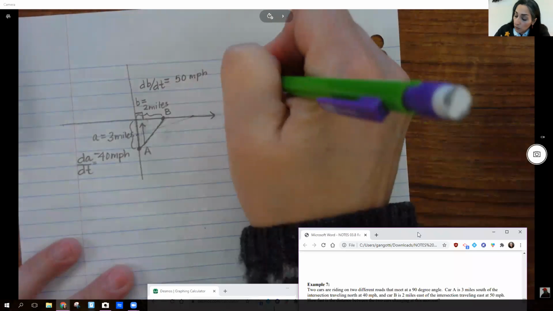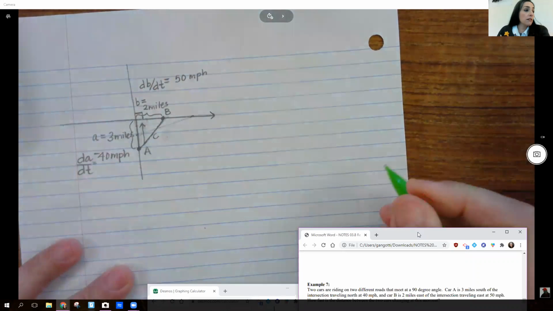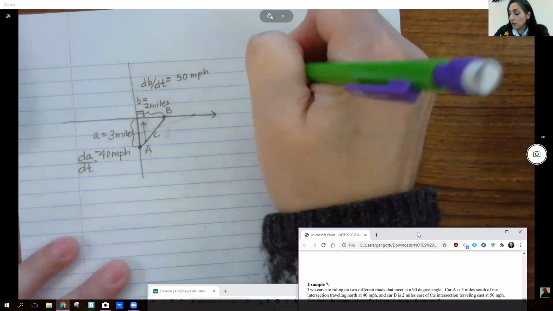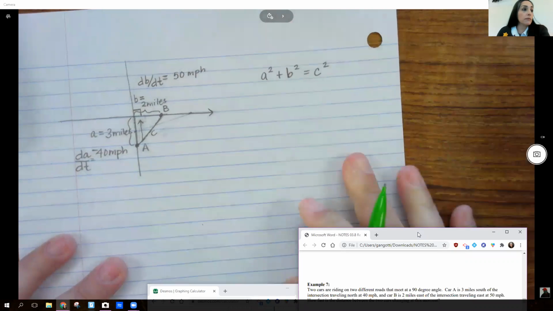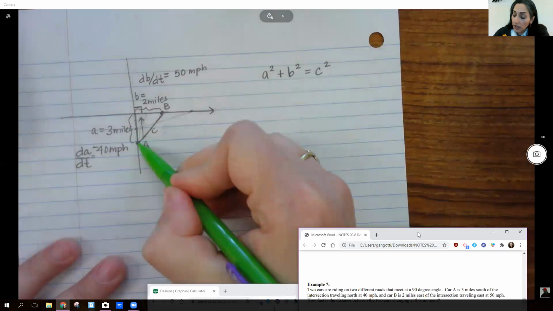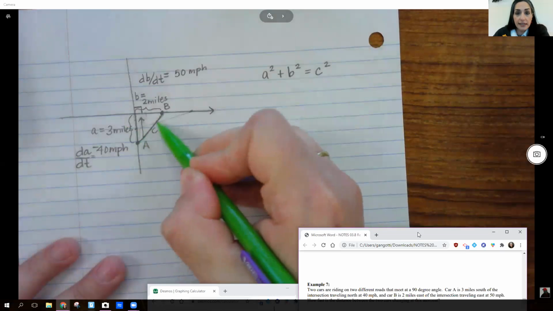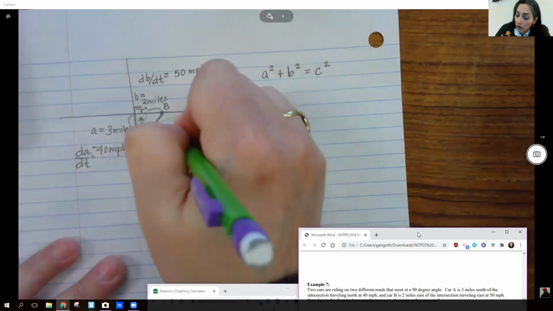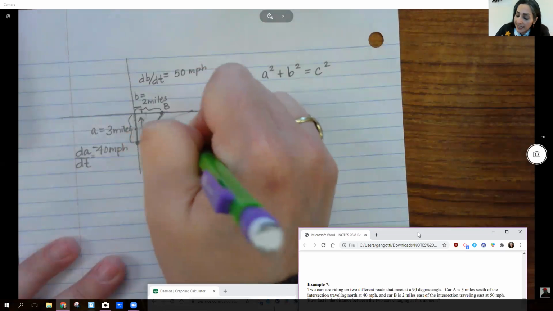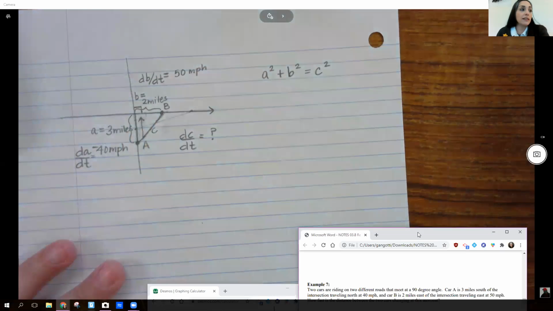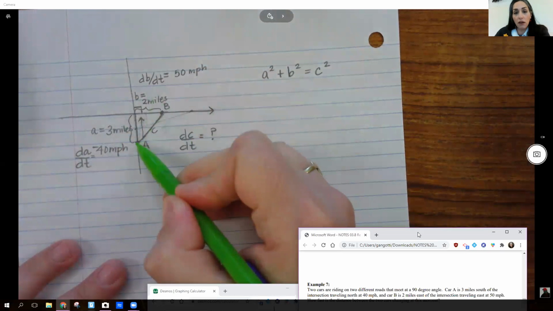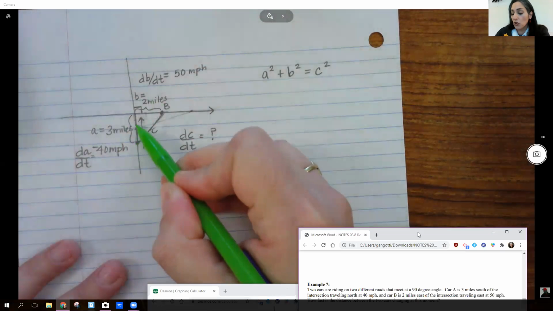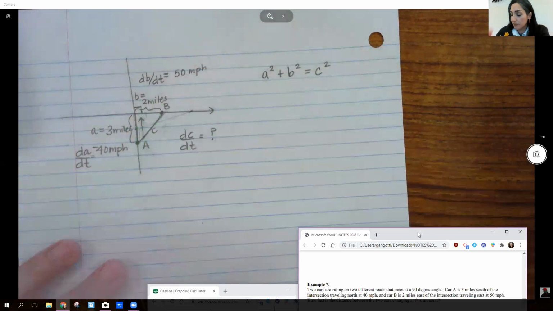We'll just call this C. So a squared plus b squared equals c squared. So we're really looking for how fast C is changing. So we are looking for dC dt in this problem. How quickly is this distance between the cars changing as this car moves north and this car moves east?